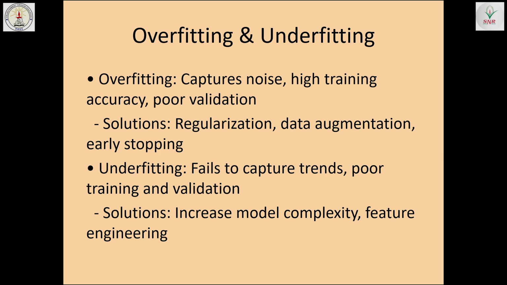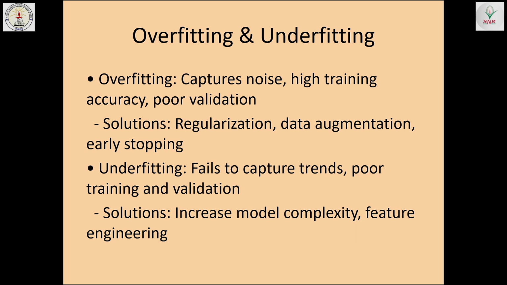Then we have underfitting. Underfitting happens when a model fails to capture the underlying trends in the data because of excessive simplicity or inadequate training. What will happen here is there will be very poor performance on both the training as well as the validation data sets.